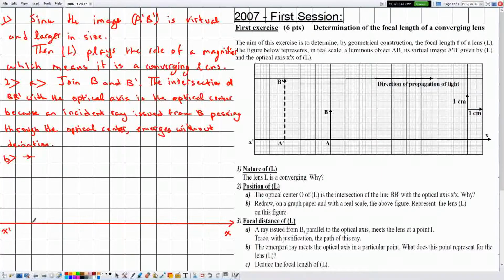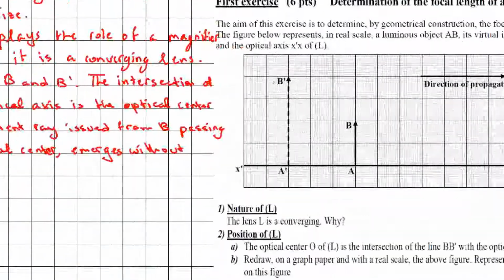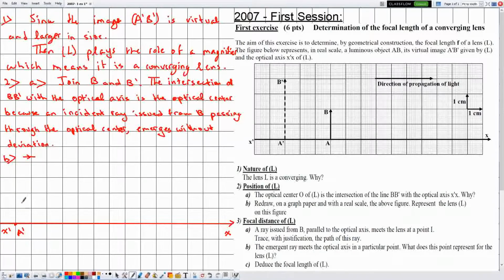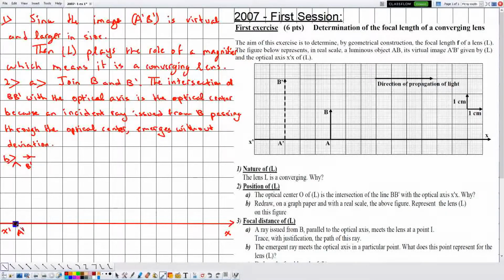Now here we have the point A prime. Let me do it here. This is the point A prime. And the point B prime is located 1, 2, 3, 4 divisions above the point A prime. So we have 1, 2, 3, 4. This is the point B prime. A hat is found on B prime. Now let's join A prime, B prime, and trace the image.